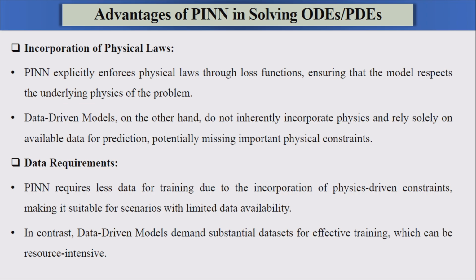So we require data, proper data, error-free data. But the advantage of PINN is we require very little data. PINN requires less data for training due to the incorporation of physics-driven constraints, whereas ANN does not have that facility. Therefore, we require more data.